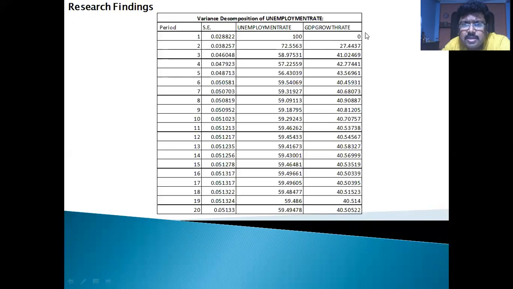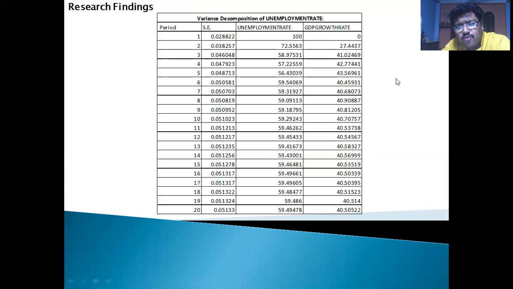Now, this is the variance decomposition of the unemployment rate in the economy of Japan. You can find in the short run that in the fluctuation of the forecast error variance of the unemployment rate, GDP growth rate has an important role, near about 41%.